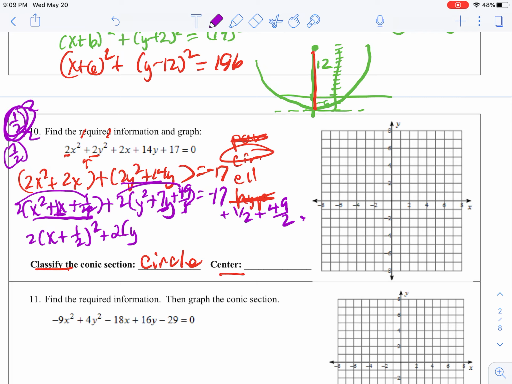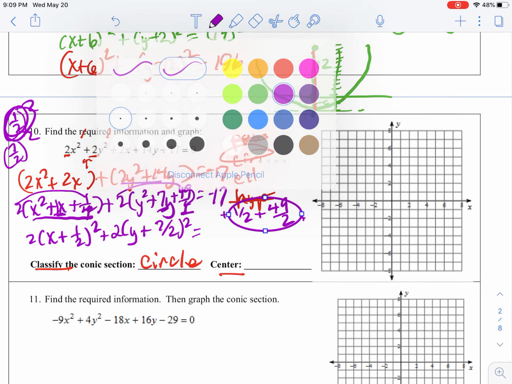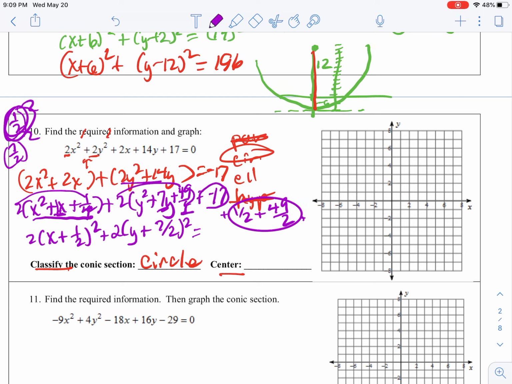This one is 2 times y plus 7 halves squared. This right here is 50 halves, which is 25, minus this 17. 25 minus 17 gives me 8. And the form for a circle is x minus h squared plus y minus k squared equals r squared.